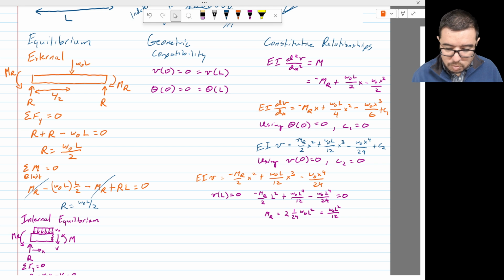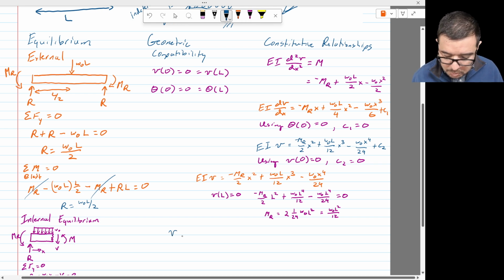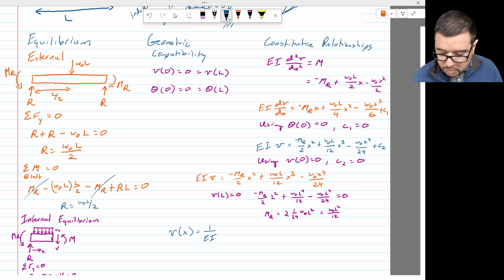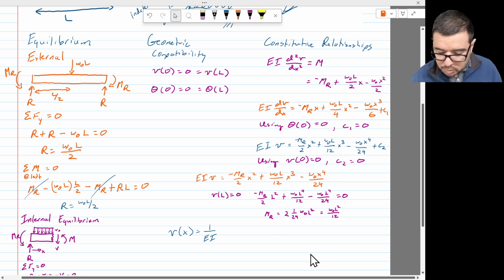And so we can finally write out the expression for displacement across the beam, and I'll say the little v as a function of x is equal to 1 over EI, and we have our M_R over 12. So this is M_R over 12, but it's over 2 here, so it's going to be minus.